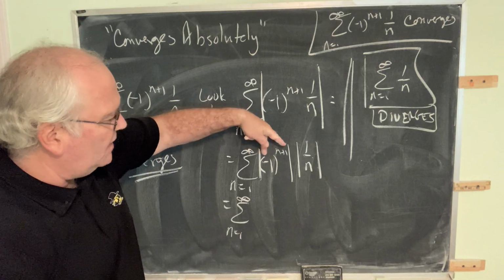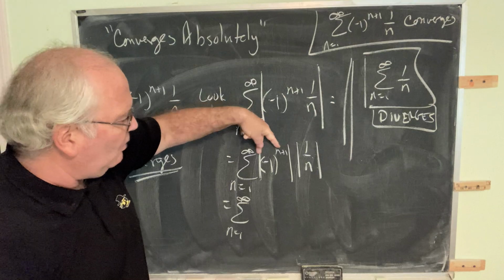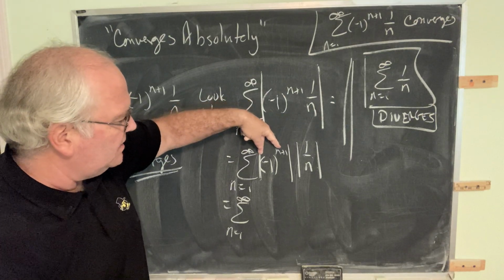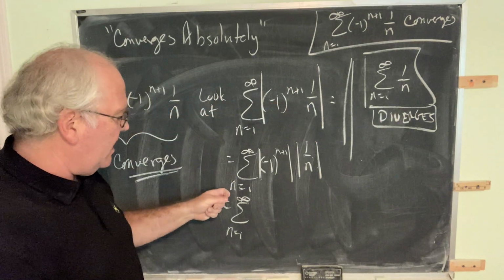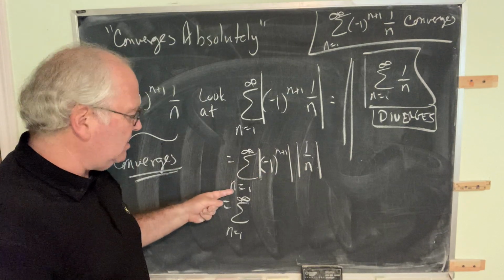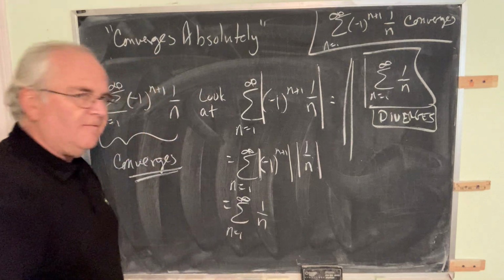If this is positive 1, the absolute value is 1. If this is negative 1, the absolute value is 1. So this factor is always 1, and 1 times anything, we don't need to write that down. And the absolute value of 1 over n, if the number is positive, then we don't need the absolute value. So this expression simplifies to simply 1 over n.